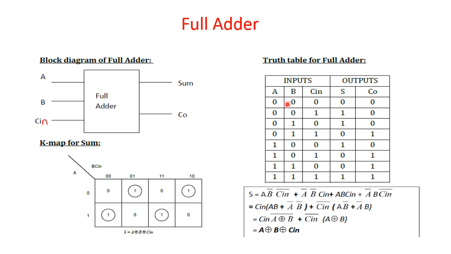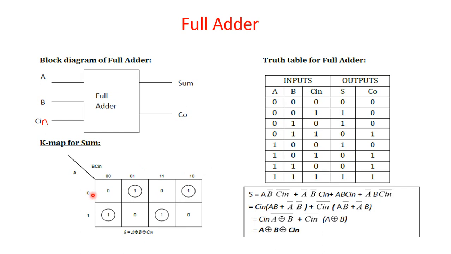For the input 0, 0, 0, sum is 0. For 0, 0, 1, sum is 1. For 0, 1, 0, sum is 1.